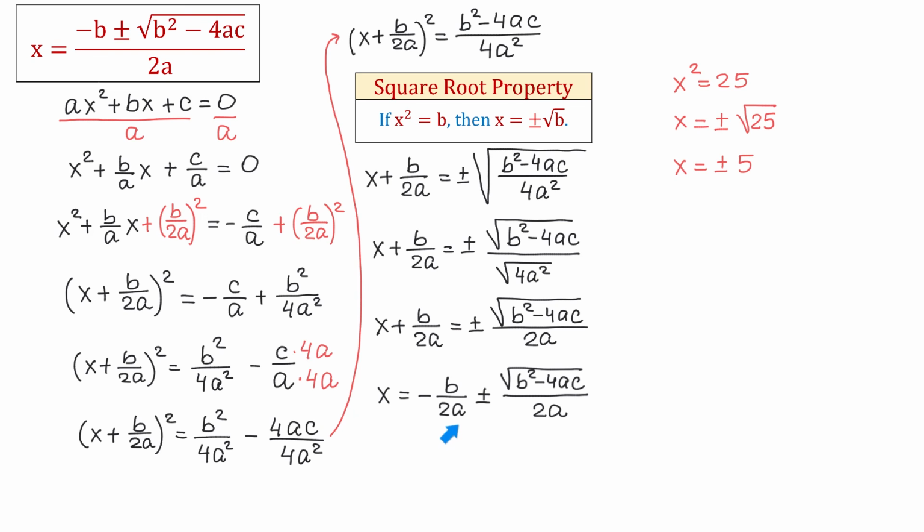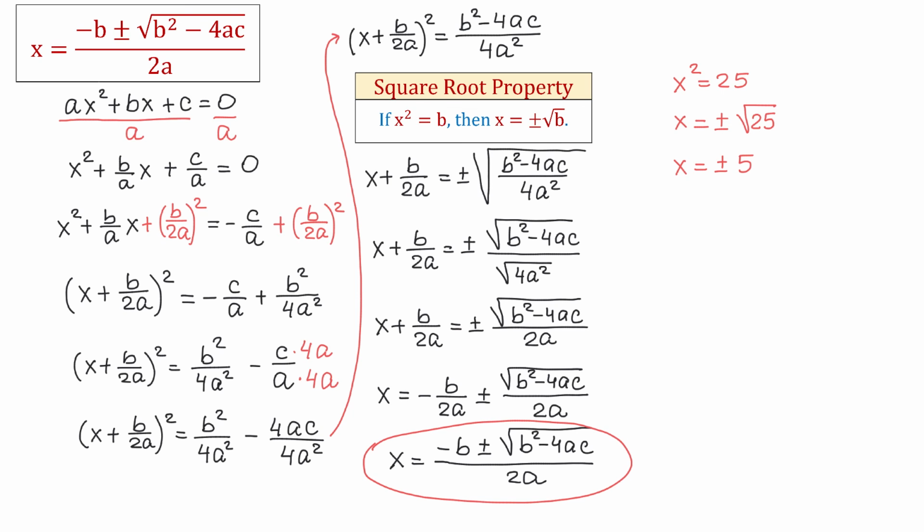And now we have two fractions that have the same denominator, so we can write these two fractions as one single fraction. Then we will have x equals negative b plus or minus square root of b squared minus 4ac all over 2a. And this is the quadratic formula.